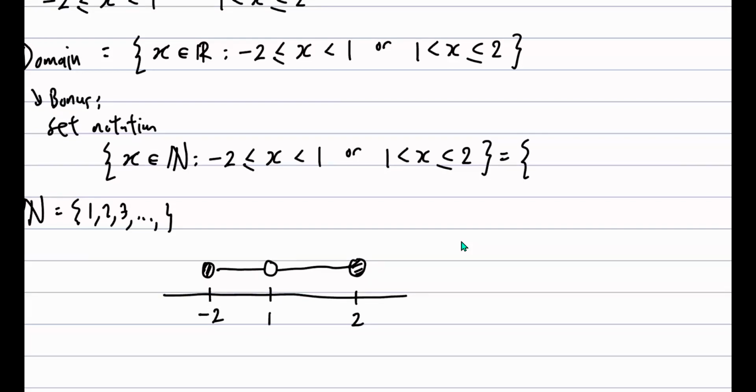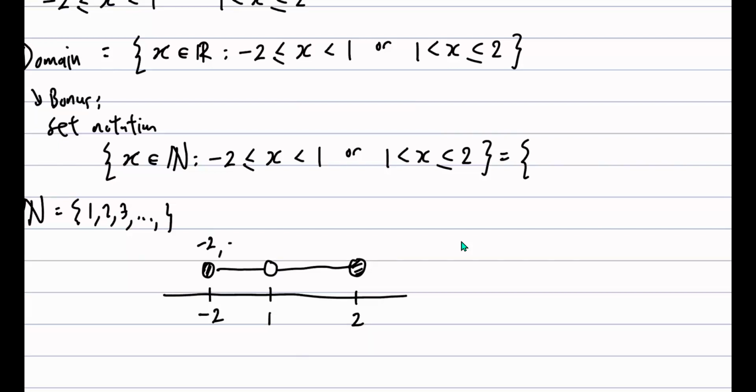How do you read this? It means that you look at x values which are in the set of natural numbers, which are 1, 2, 3, 4, 5 all the way to infinity. And those x values, you only look at those that satisfy these two rules. In other words, you're looking at this interval and finding all the positive integers.